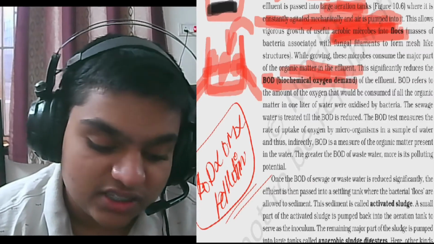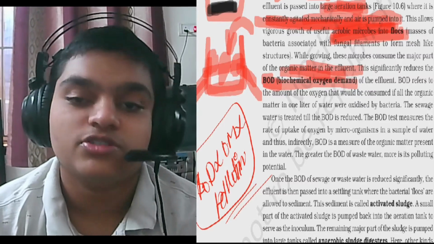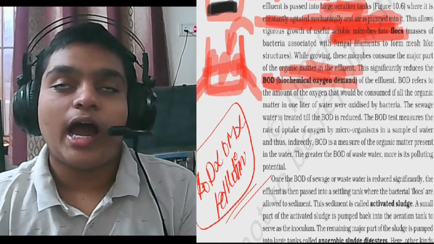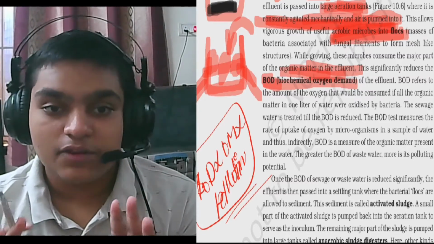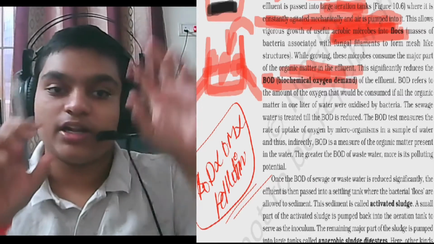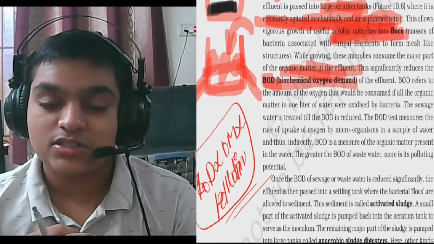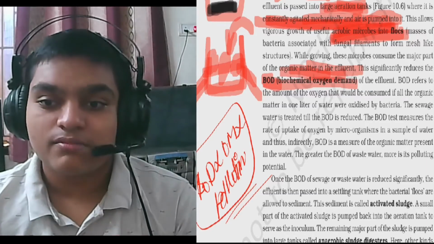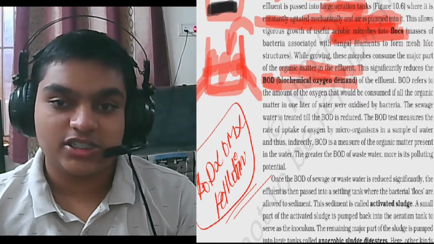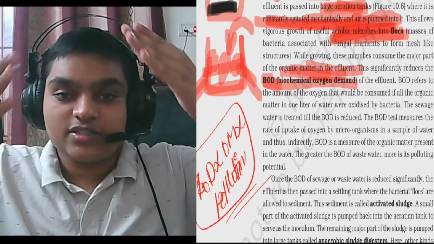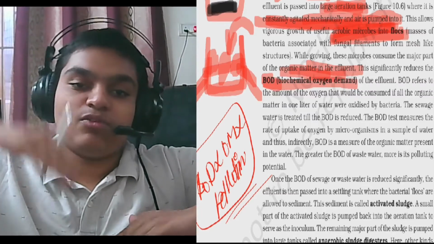Now after this aeration, there will be bacterial flocs floating in the effluent. In order to make those bacterial flocs settle down, we put it in the sedimentation or settling tanks, and the bacterial flocs settle down and the water comes up.